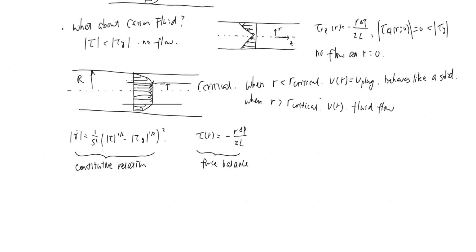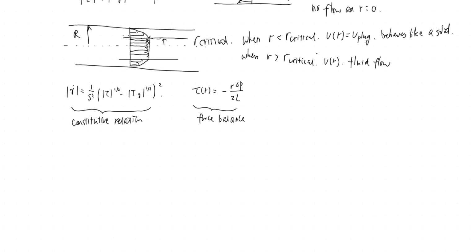Now we are still using these two pieces of information, constitutive relation and force balance, to derive the velocity profile of a Casson fluid. So the strategy remains exactly the same. The only thing different is the constitutive relation. So we are just going to mix these two equations together, replacing the tau in the constitutive relation with the force balance result.